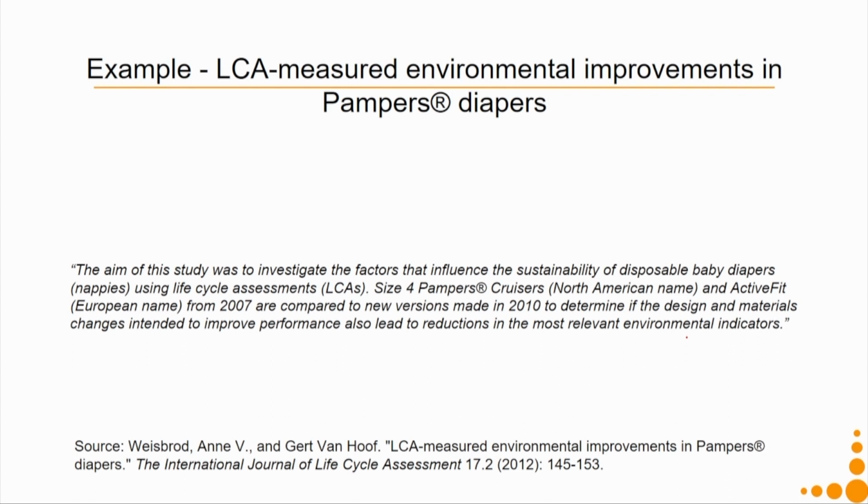It compares the diapers made in 2007 versus those made in 2010. The company had made design and material changes in order to improve the performance. What the researchers tried to study using the life cycle assessment method is whether it also brought environmental improvements or not.